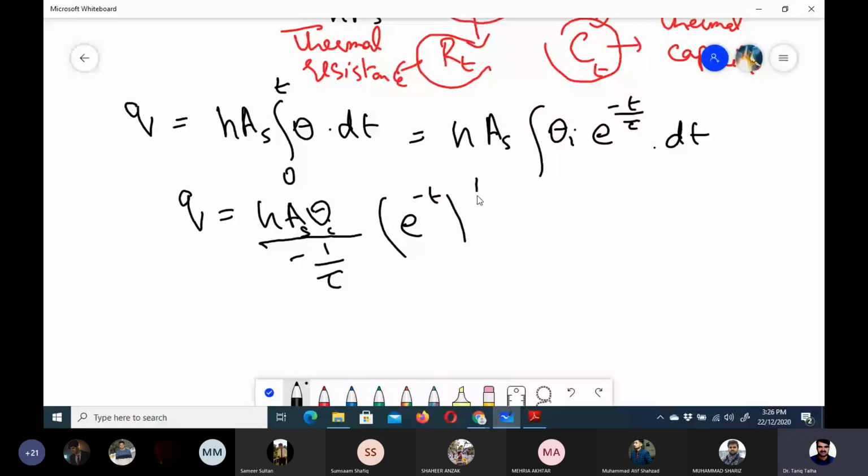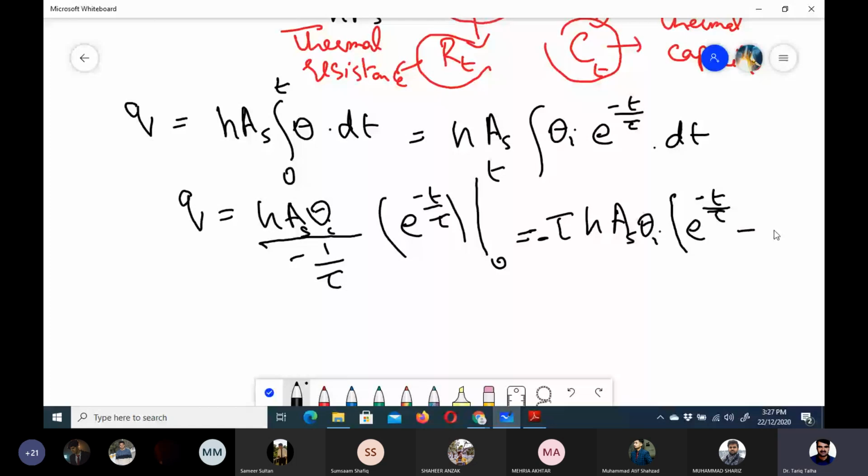So if we do the simplification, then it would be tau into h A s theta I. Here, of course, we have got minus, and in this we would have e to the power minus t upon tau, minus 1, because when time t is equal to 0, exponent 0 would be equal to 1.